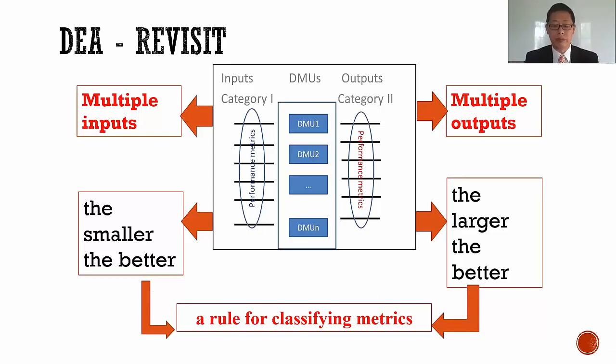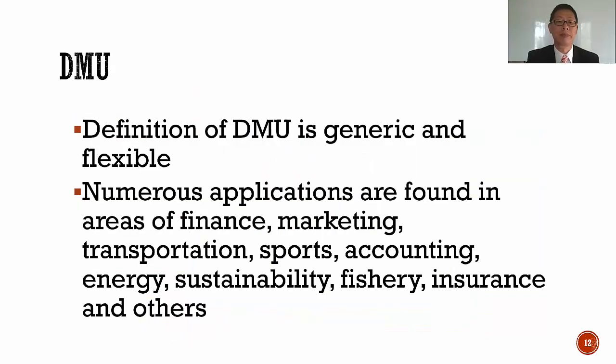Before you start the application, this is what you need to do: classify these measures. And as I showed you before, you may only have category 1 measures, or only a set of category 2 measures, which is completely fine. This is how I would view the basics of DEA.